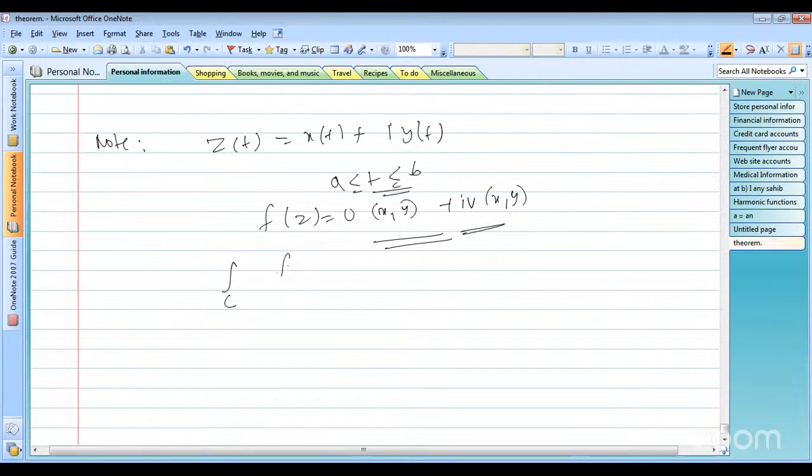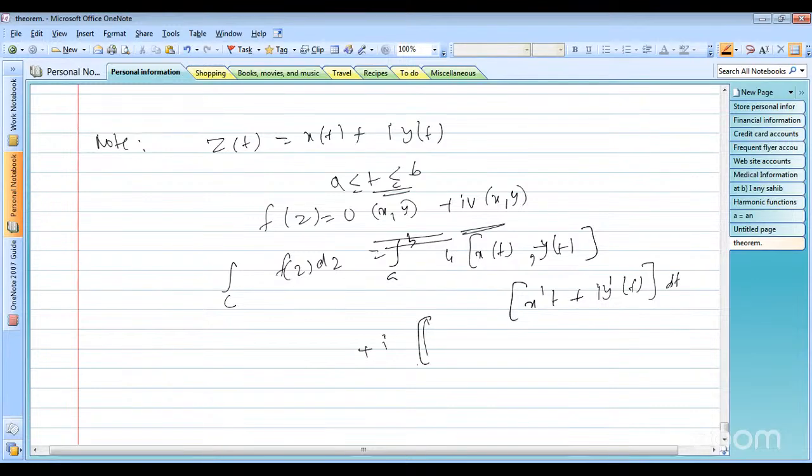So the integration over C of f of z dz is the integration from a to b of u of x of t and y of t, times x dash t plus i y dash t, dt, plus i times the integration from a to b of v of x of t and y of t, times x dash t plus i y dash t, dt. These are both from a to b.